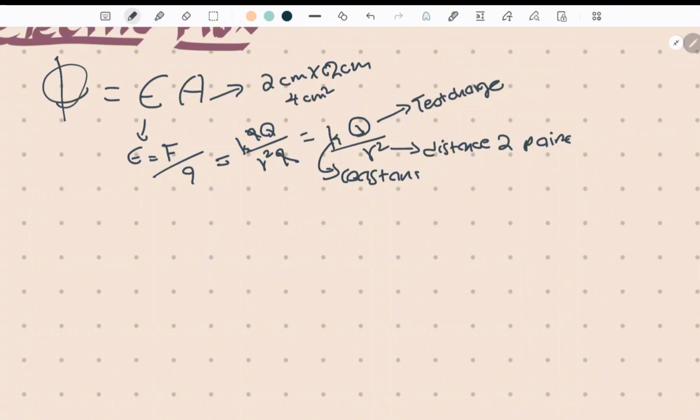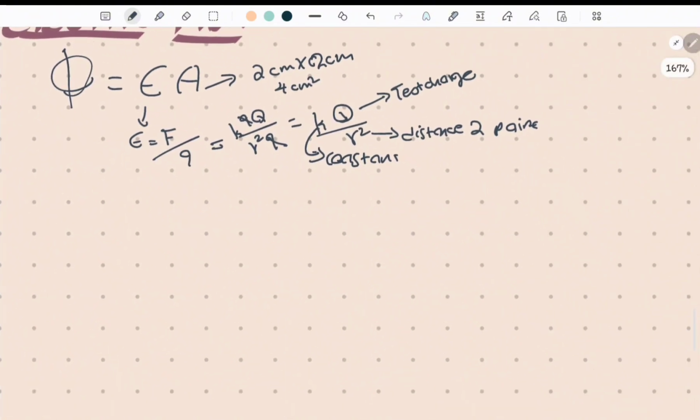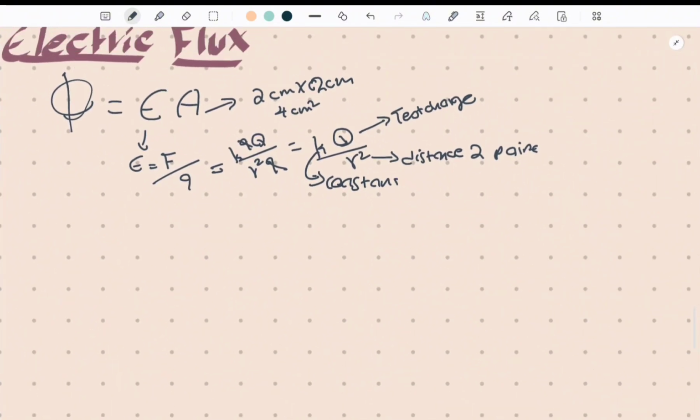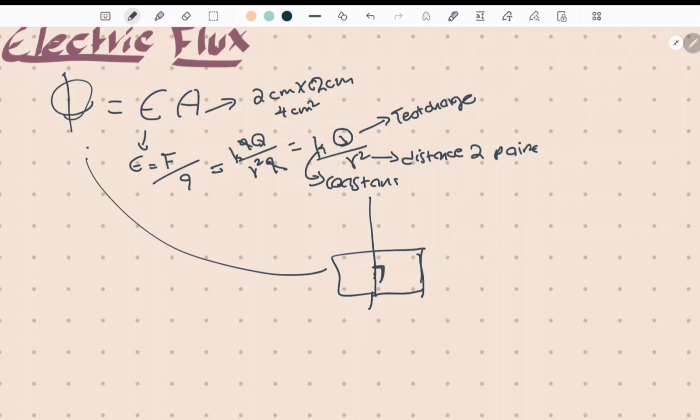So yeah, that's pretty much it. But this only works if the electric field lines are perpendicular to the surface. For example, if this is our body, and these are the electric field lines, when they cross over, if they make a 90 degree angle with the surface, then we can use this formula.